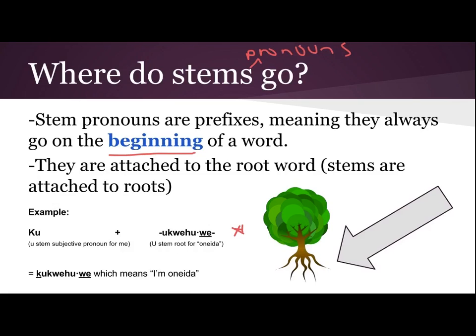Ungwehu means to be Oneida, or like an original person, or an original human, describing native people within our own language. And so the pronoun for me in the U stem is gu, so I could put that together and say gungwehu, which means I'm Oneida. It's one way to say I'm Oneida, but we have our pronoun here, and we notice that it is before the root word, and so our pronouns are prefixes in the Oneida language.